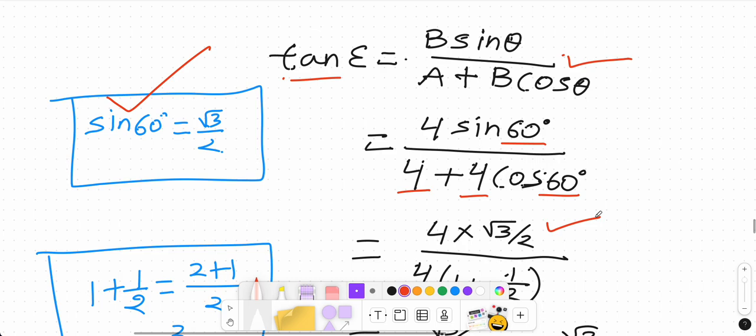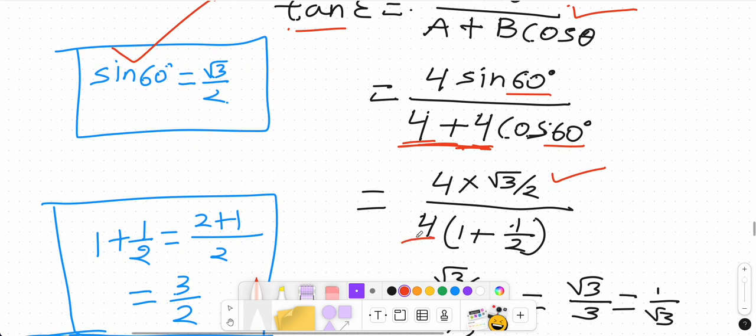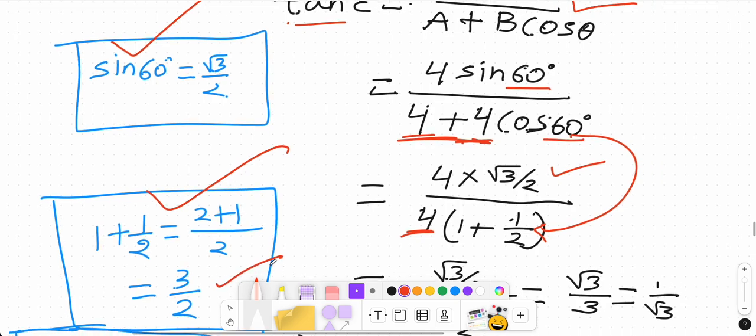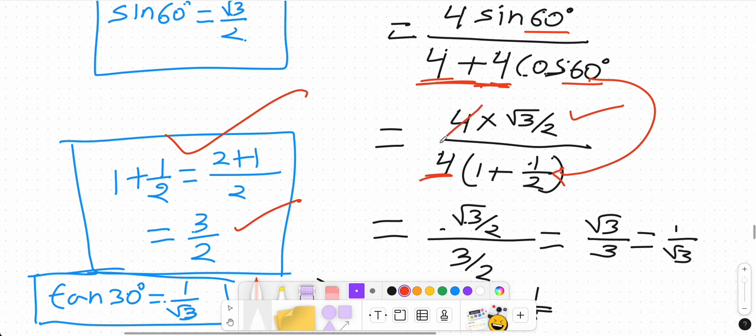Here I will take 4 common. And cos 60 degree is 1 by 2. 1 plus 1 by 2, I have solved here, it is 3 by 2. So 4 cancels. Root 3 by 2 divided by 3 by 2. 2 cancels. Root 3 by 3 is 1 by root 3.